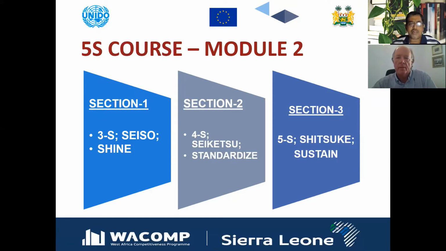The first section would be the third S, Shine. Section 2 would be the fourth S, Standardize. And section 3 would be the fifth S, with respect to sustaining all this 5S in your organization. I think this is just an introduction of module 2.